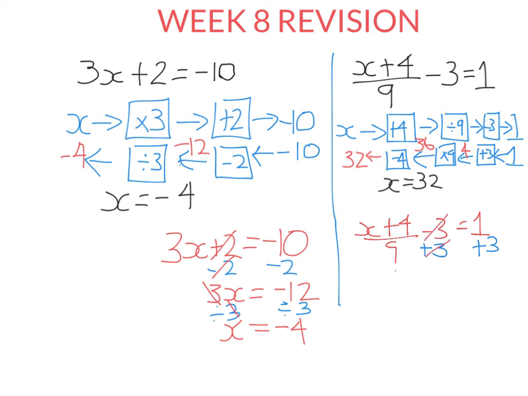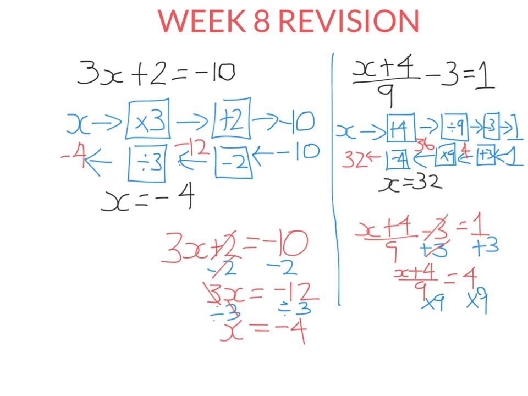So on the left-hand side, I've just got x plus 4 over 9 is equal to 4. Now I've got x left, I've added 4, then divided by 9. So dividing by 9 is now the last thing that was done, so the first thing I need to undo. The way you undo dividing by 9 is by timesing each side by 9.